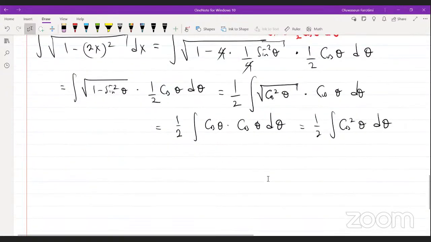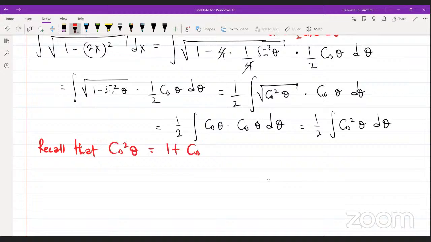But what do I know, guys? Let me write that in red. Recall that cosine squared of theta is actually (1 plus cosine 2 theta) over 2. Right now I'm going to make this substitution. You actually saw things like this in 7.2, trigonometric integrals, so that idea is very useful right now.